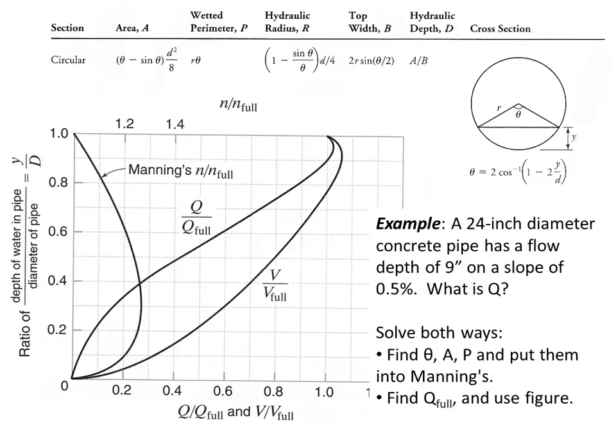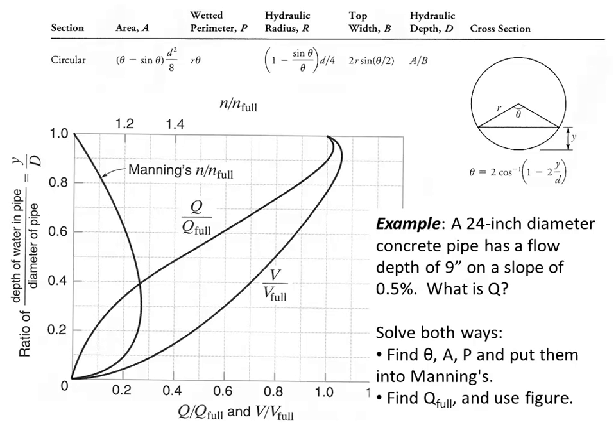And so we still have to go to the chart and look up the n relative to the N value when it's full. And in our case, remember, y to d is 0.375. And so the question is, what n value should we use? We're going to use n full times some factor.